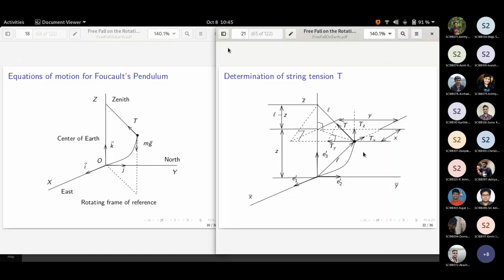That is the figure which is shown here. That is, you are resolving the tension into the east, north, and zenith coordinate system.